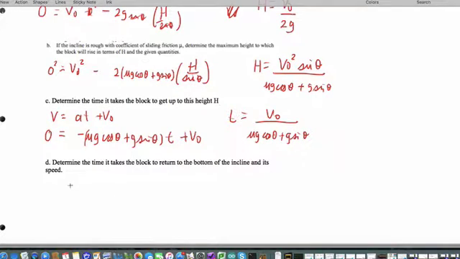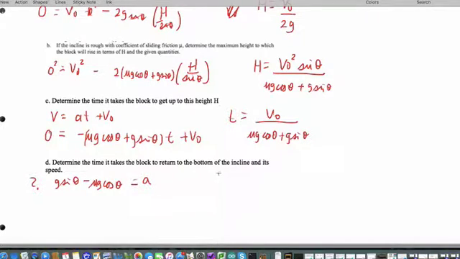Now the time it takes the block to return to the bottom of the incline, and its speed. So here we go. The acceleration down the inclined plane is going to be g sine theta minus mu g cos theta. I'm going to leave you to figure that out using the free body diagram.